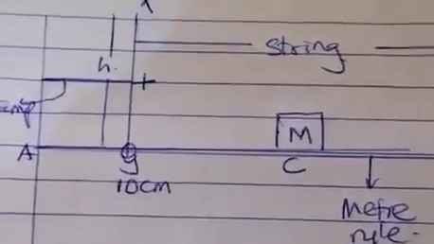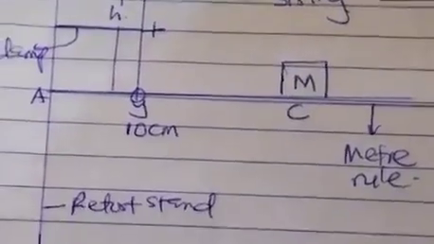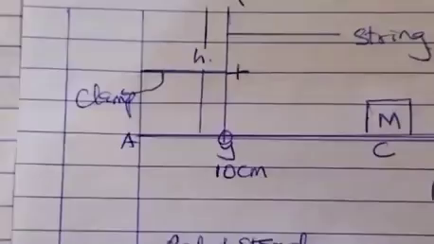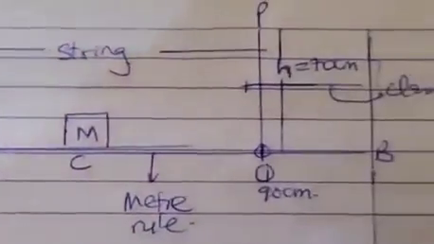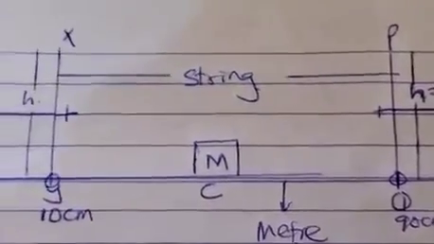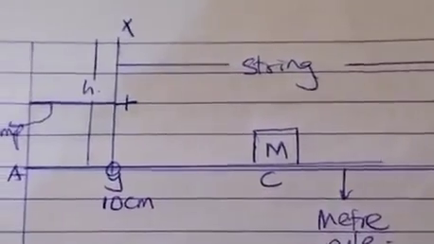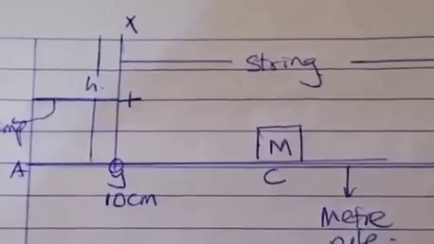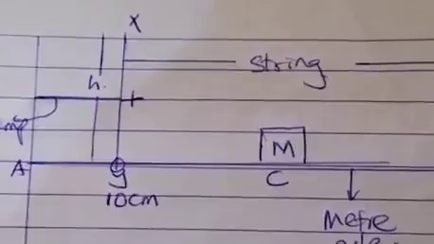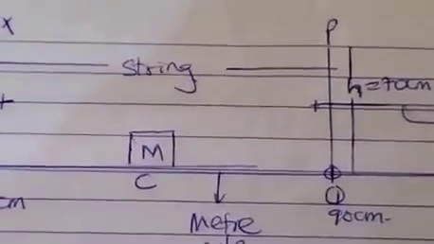So you see that the meter rule is clamped on two retort stands, one on the left-hand side and one on the right-hand side, and is held in support by two strings. The two strings that are inclined at 90 degrees to the clamp are SY and PQ.